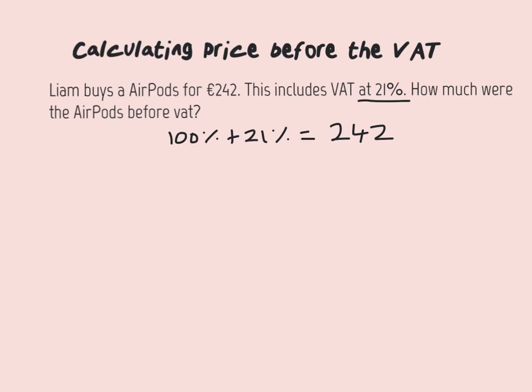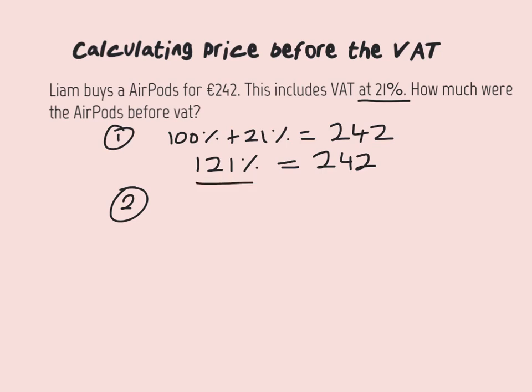Okay, so let's try it then. 121% is going to equal 242. So that's my first step. My second step then is going to be divide both sides by 121. So whatever that value is on the left hand side, that's what you're going to divide by, because you want to get 1% on this side.